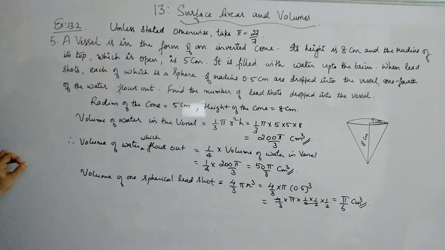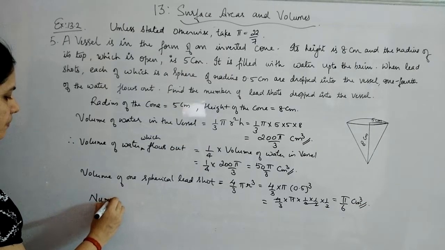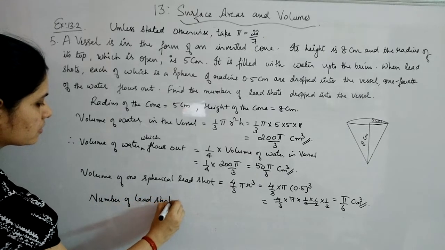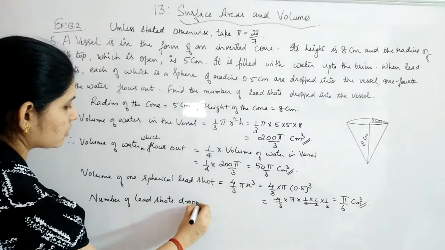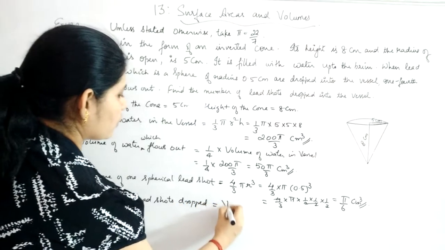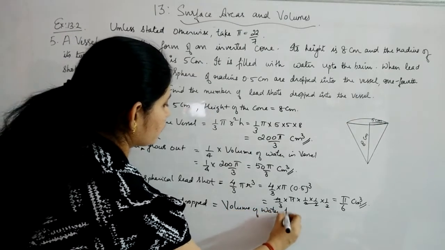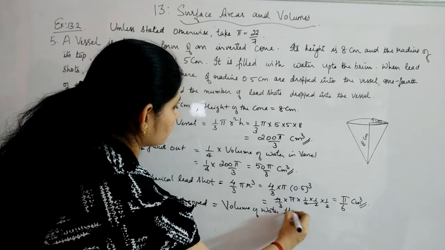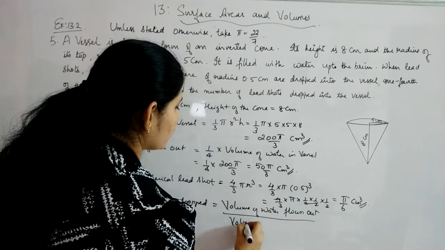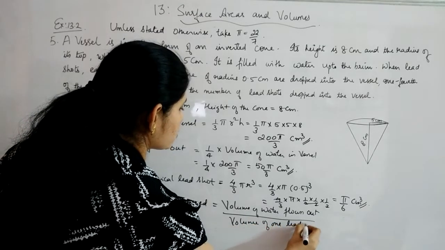Correct? Now the number of lead shots dropped into the vessel will be equal to the volume of the water flown out divided by the volume of one lead shot.